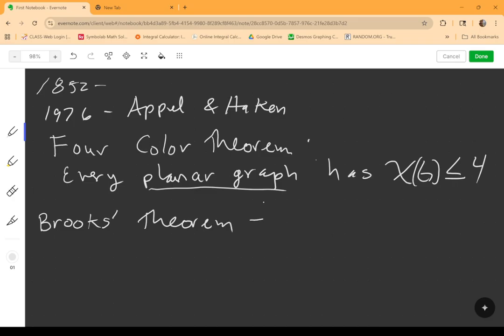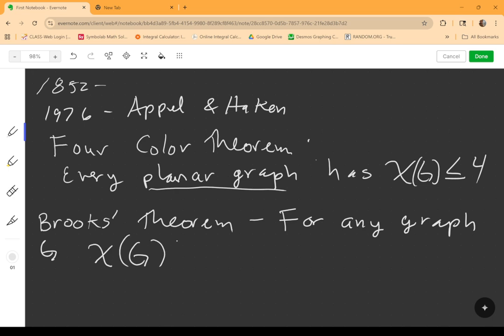What this theorem says is that for any graph G, chi(G), the chromatic number, is less than or equal to delta(G). Here, delta(G) refers to the maximum degree of a vertex. So we look through all the vertices, and whatever the maximum degree is among all of the vertices, that would be our upper bound.